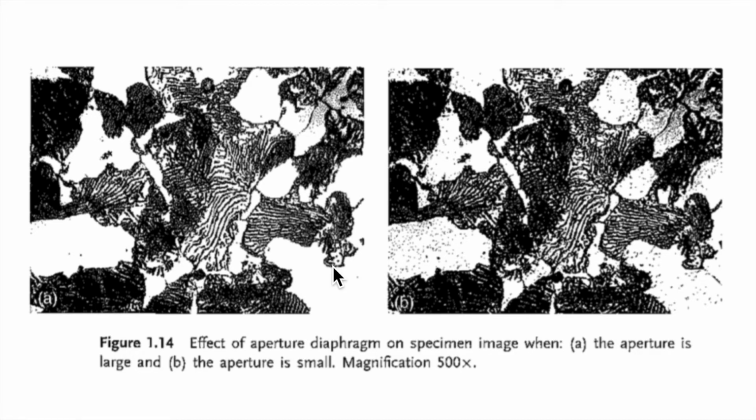But what I want you to do is, based on what we know about the aperture and the principles we know about the light microscope at this point, think about what the effect should be of a large and a small aperture on the image, based on theory.